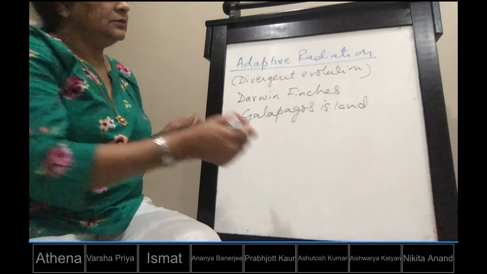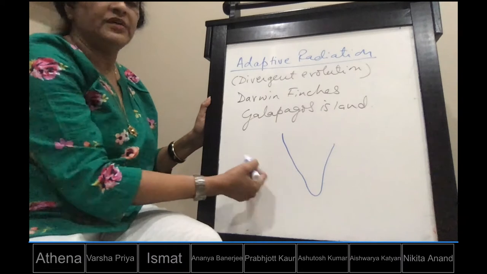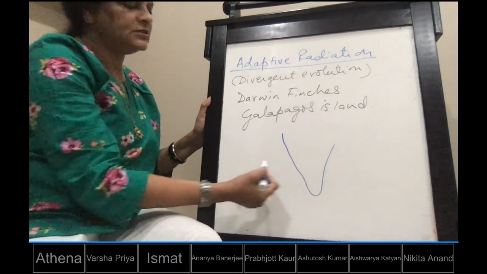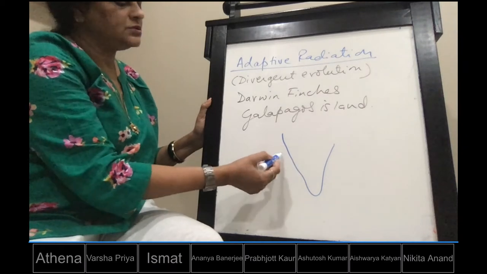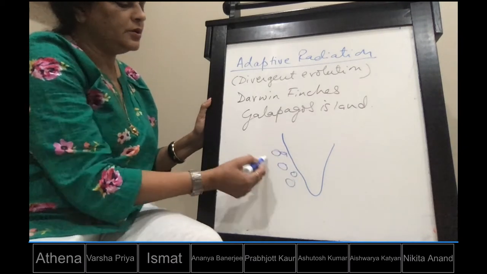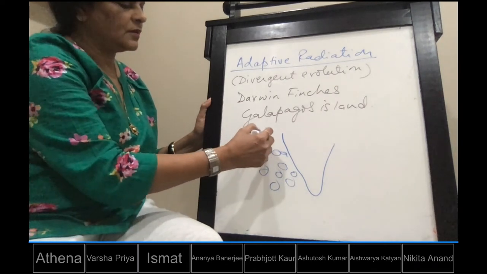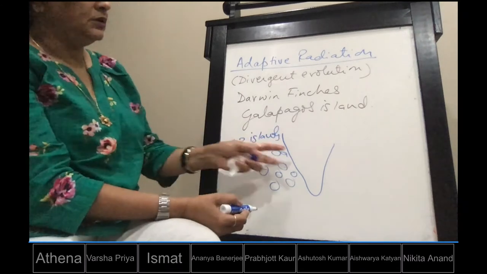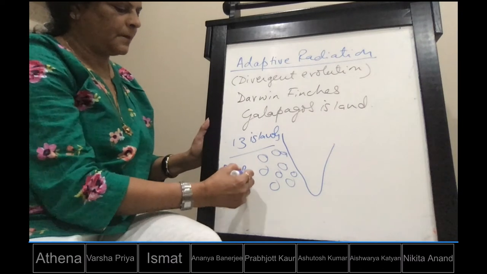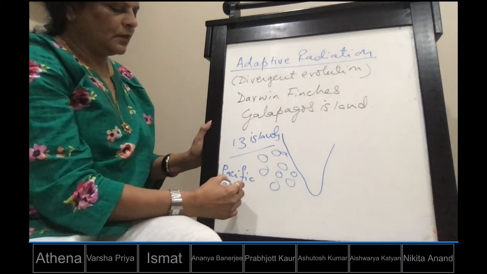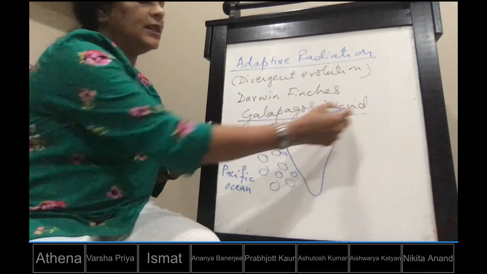Now, if you see the South America on the western coast, this is the eastern side, this is the western side, there are a number of such islands, total 13 islands found in the Pacific Ocean. This is the Pacific Ocean. So there are total 13 islands which are called the Galapagos Islands.